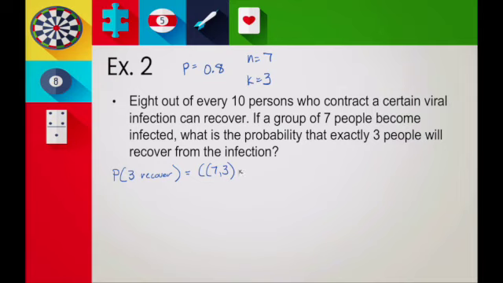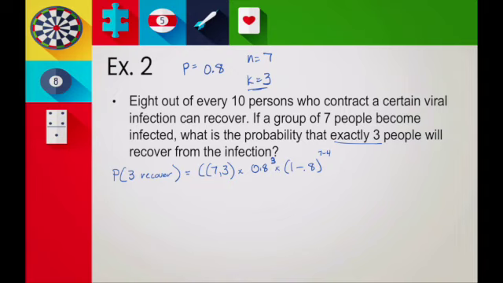Times the probability of recovery, which is 0.8, to the power of the number of people who recover, so 0.8 to the third. But if we want exactly 3 people, we also have to multiply that by the probability of not recovering, which is 1 minus 0.8, to the number of people who don't recover, which is 7 minus 3.